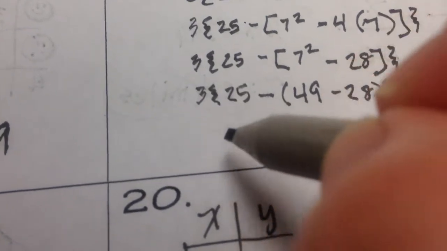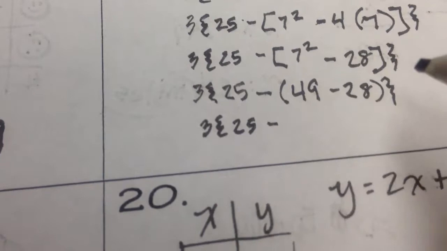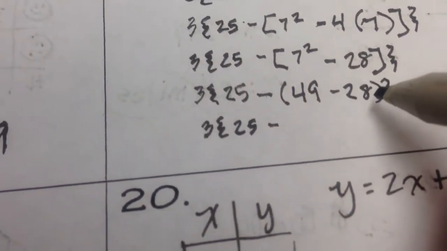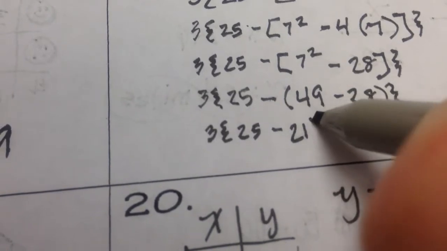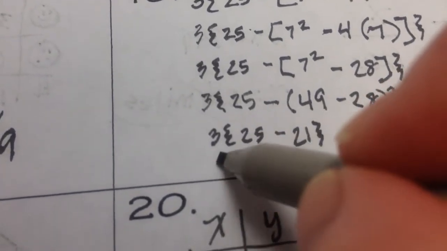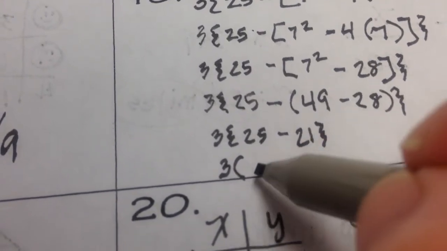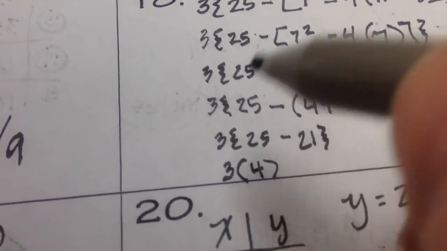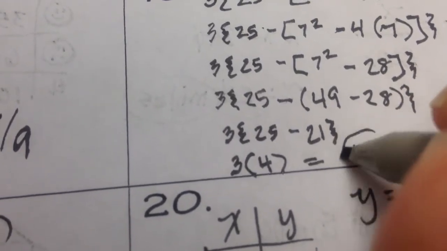So now I have 3 times 25 minus, well, what's 49 minus 28? That would be 21. Now I have 3 times, what's 25 minus 21? 4.